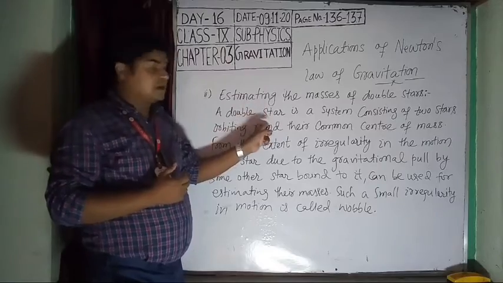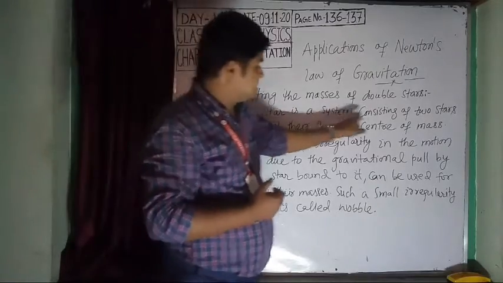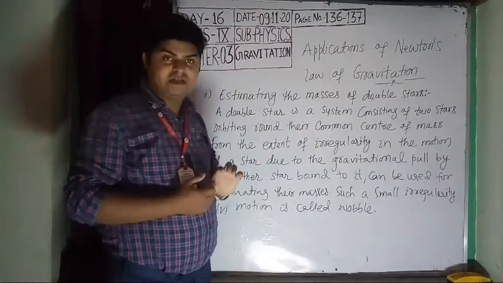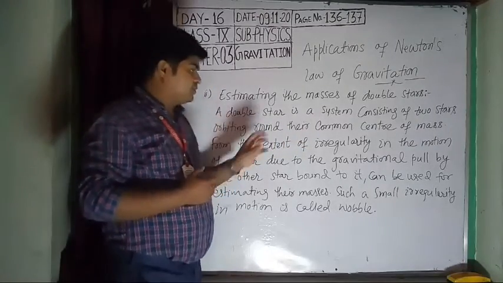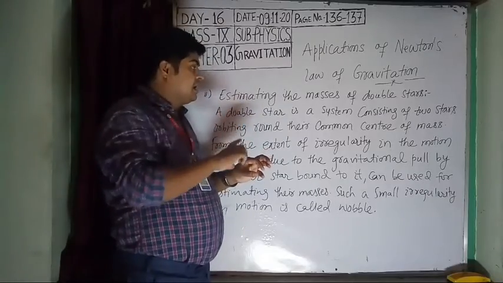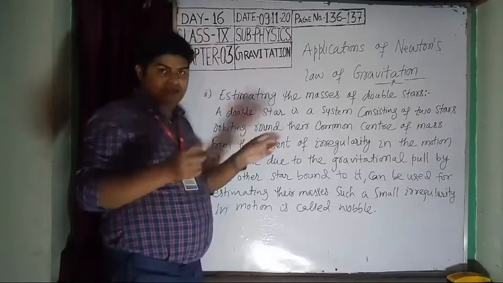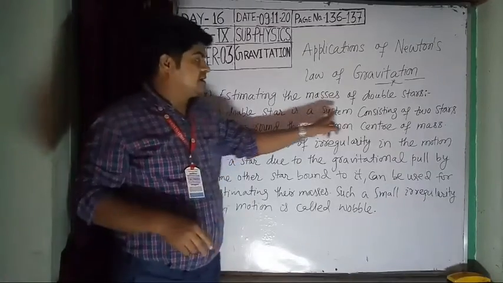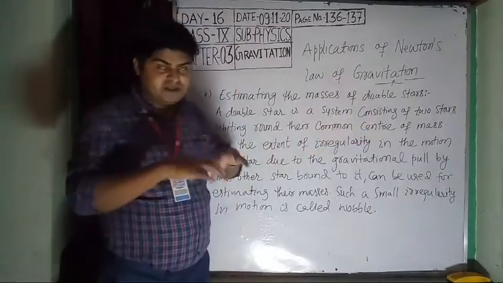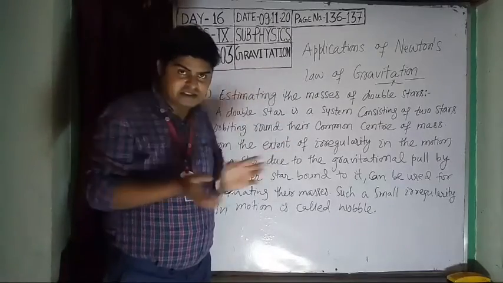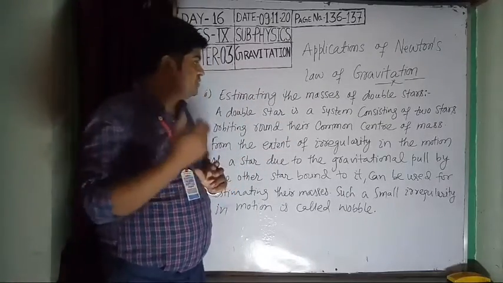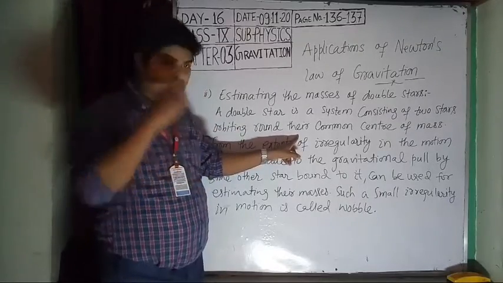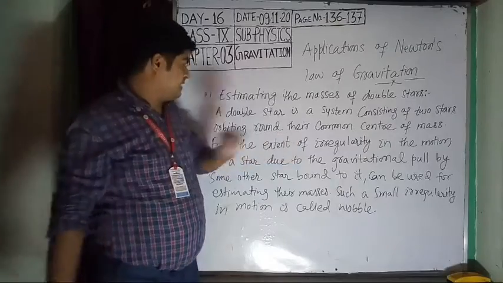A double star is a system consisting of two stars orbiting around their common center of mass. That means it is a system of stars containing two stars, and both have a common center of mass.